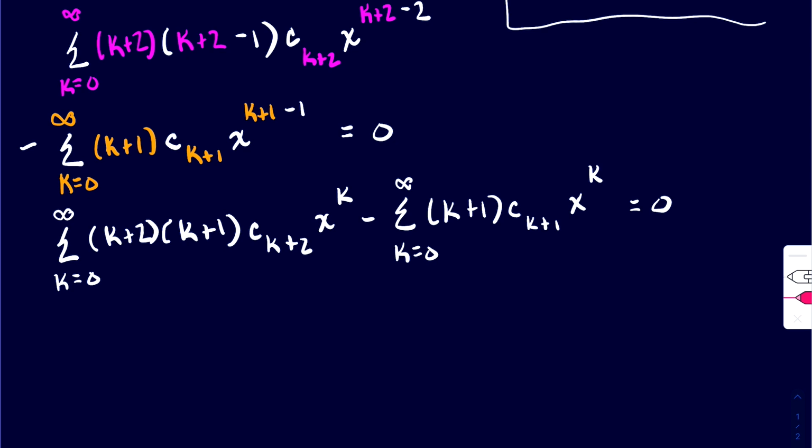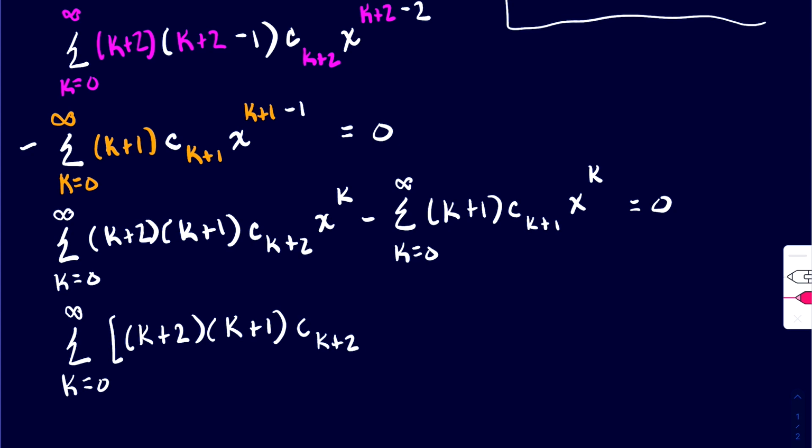Factoring out our common factor of x to the k, we will have the summation as k goes from 0 to infinity of k plus 2 times k plus 1 times c sub k plus 2, minus k plus 1, that quantity, times c sub k plus 1, and that's all times x to the k, and it's equal to 0.